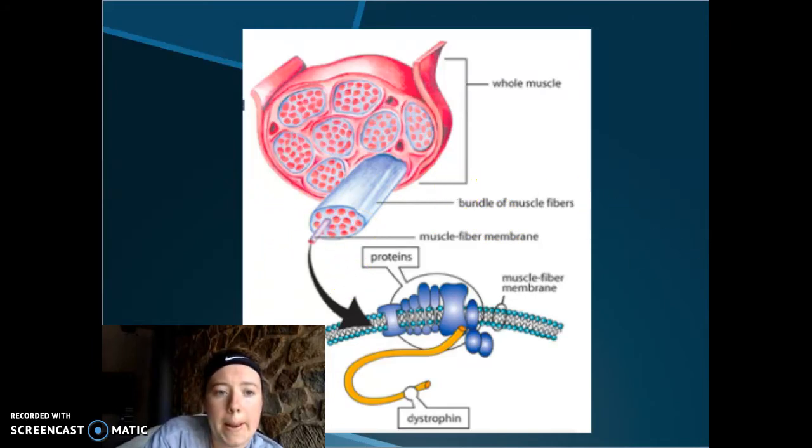So a group of interdependent proteins along the membrane surrounding each fiber helps to keep the muscle working properly. And when one of these muscle proteins are defective, in this case dystrophin, DMD is a result.